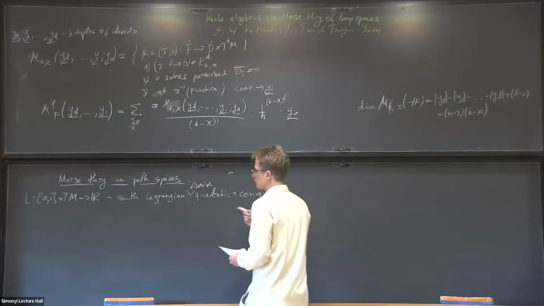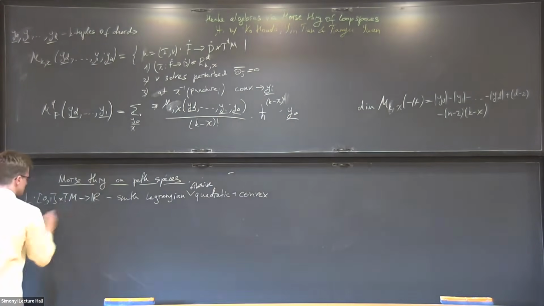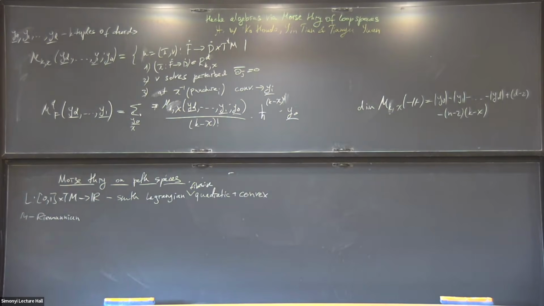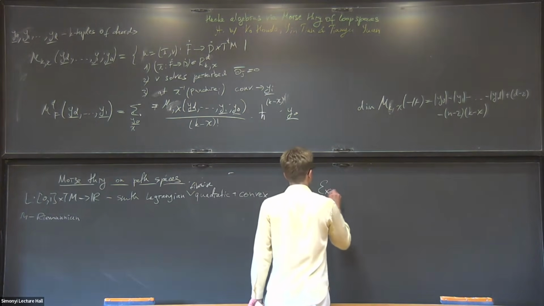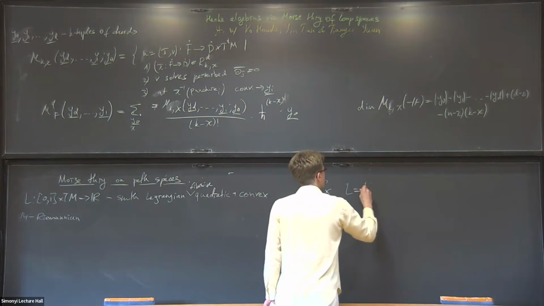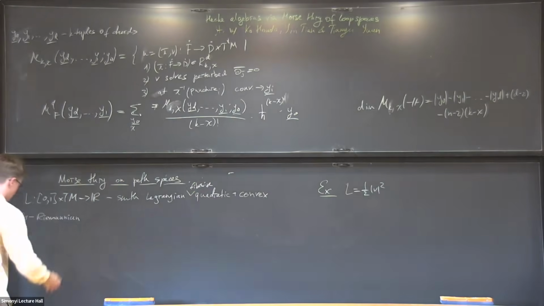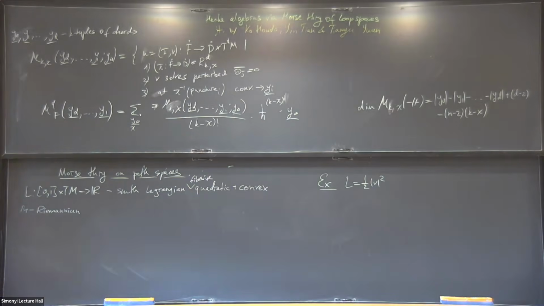Here we're assuming M is now Riemannian, and we pick some metric. Quadratic along the fiber just means that you may have terms like norm of v squared, but not norm of v cubed. An example here is just the standard 1/2 of the norm squared, and this in a second will give you geodesic paths or loops.